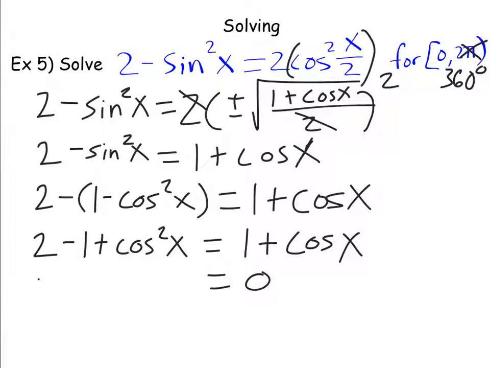I'm going to start with my cosine squared term, and then I only have 1 cosine of x. Now, interesting thing with the constants, on the left side I have 2 minus 1, but then I'm going to minus 1 again from the right side, and all the constants just cancel out.